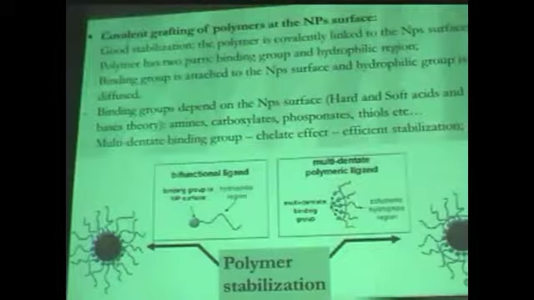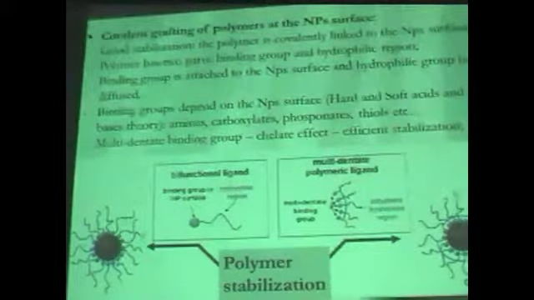But if you want to stabilize gold or platinum nanoparticles, the best choice is thiol groups. So carboxylic acid for hard bases and sulfur groups for soft bases.